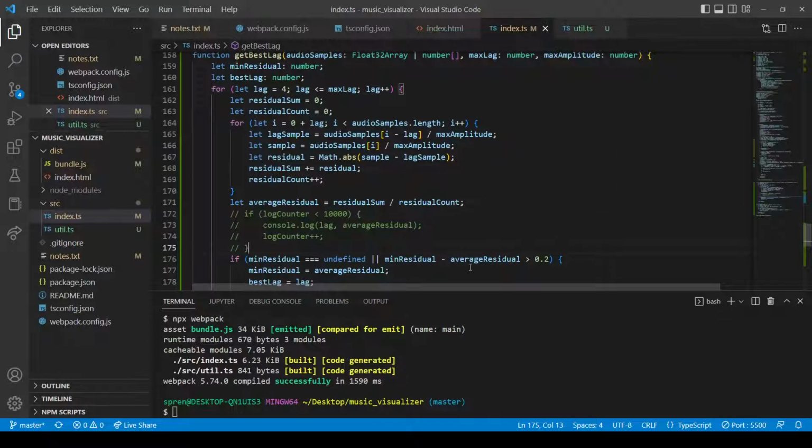But I'm basically going to be abandoning this concept because I'm worried that this only works so long as we're starting our lag at 4, and that just doesn't feel quite right. Like, this number is actually getting really high.